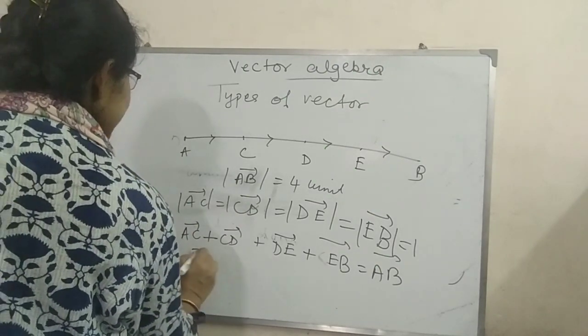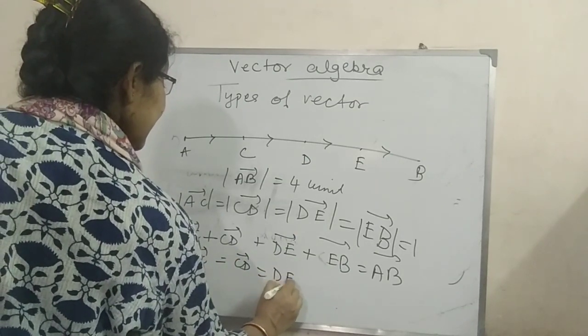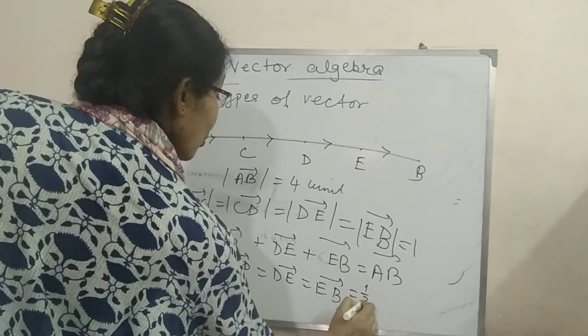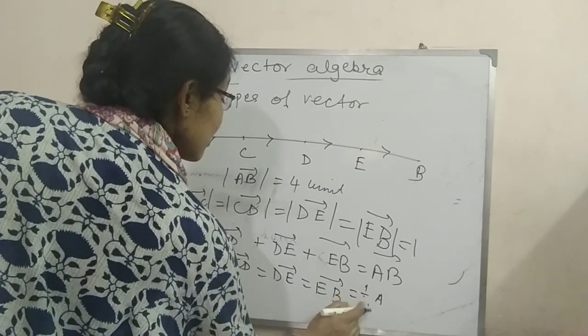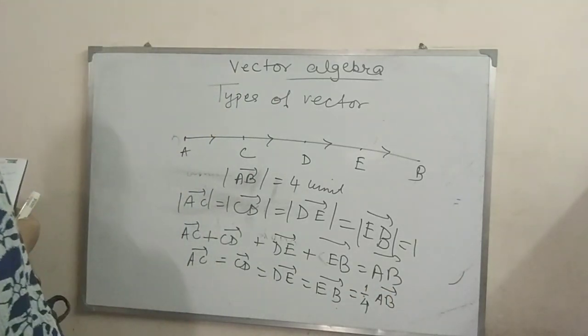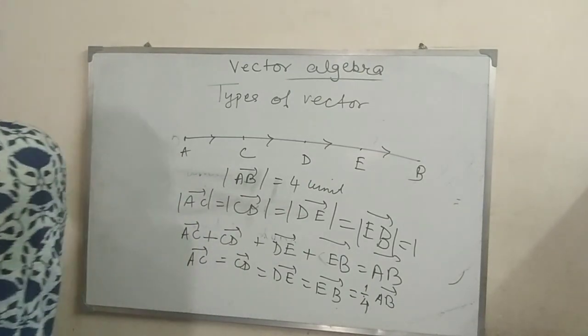So AC equals CD equals DE equals EB equals 1/4 AB. So all are equal to 1.